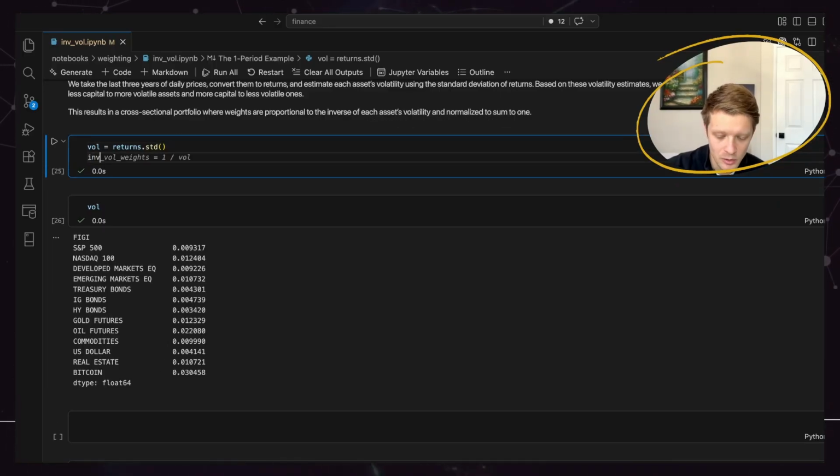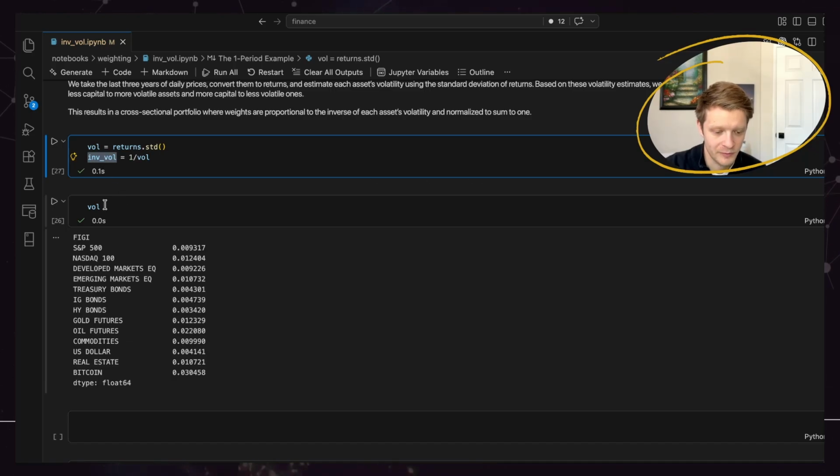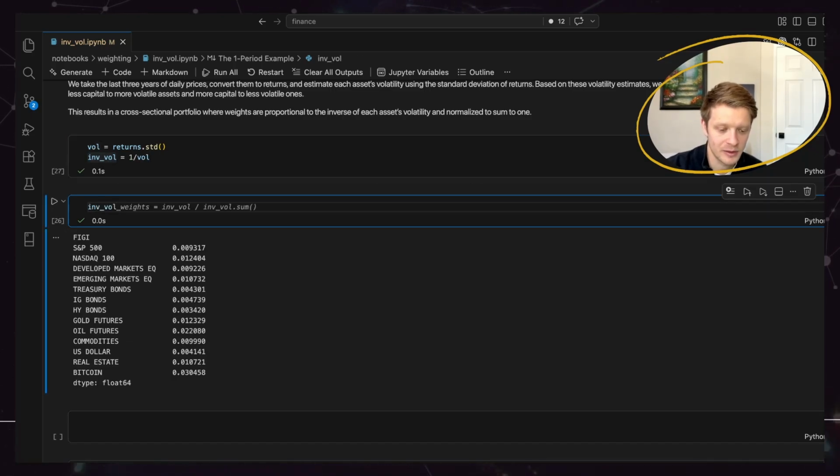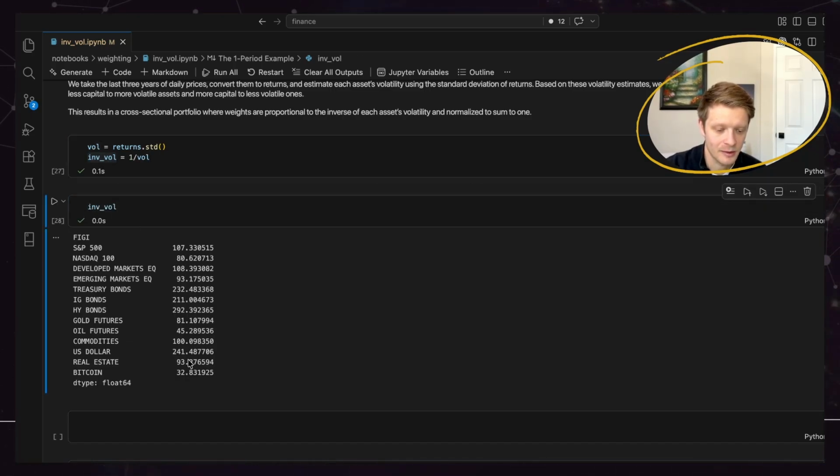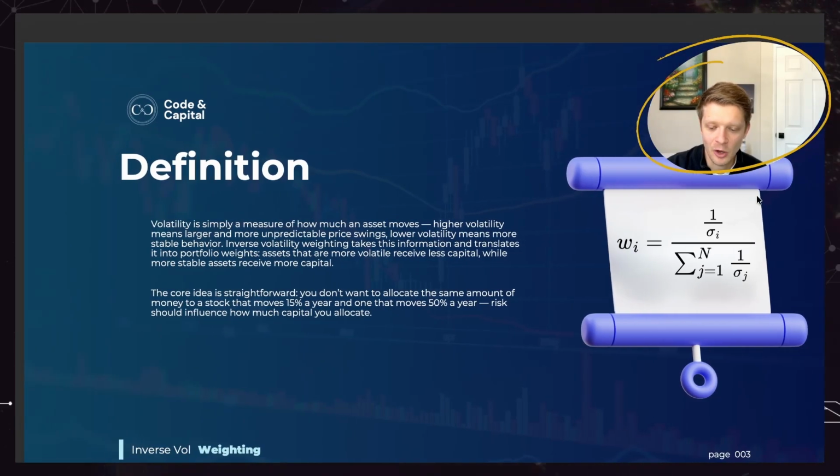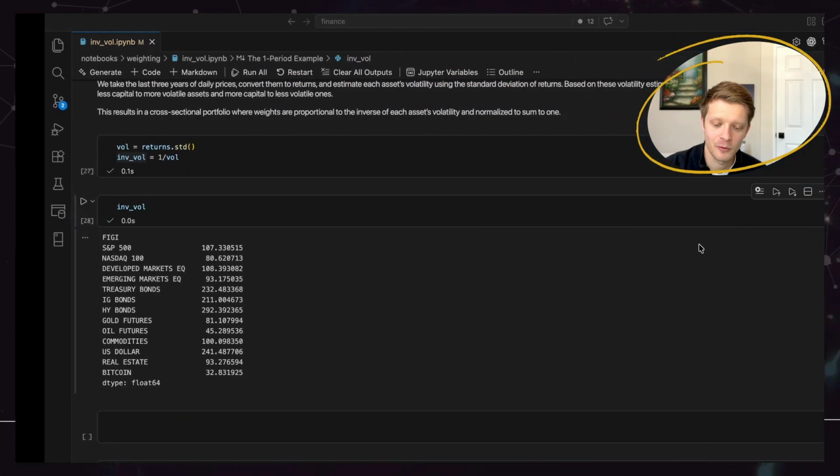We can now implement our inverse volatility, and that is simply 1 divided by vol. If you look at inverse volatility, we can now see the inverse volatility per asset. If we go back here, we already have the top part of our equation, the 1 divided by volatility for each asset.